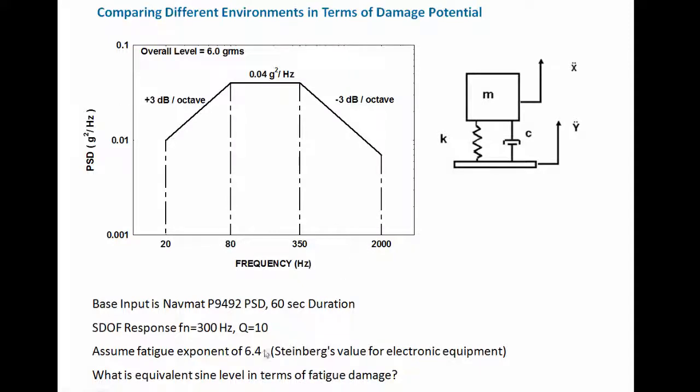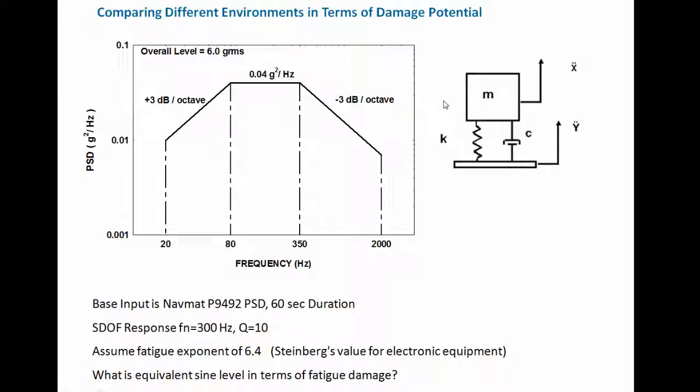And to do that, we need a fatigue exponent. And we're going to take the value from Steinberg's text for electronic equipment and assume that that exponent is 6.4. So we're going to go through those steps with the intermediate goal of calculating the damage that this spring mass system will have in response to this PSD.